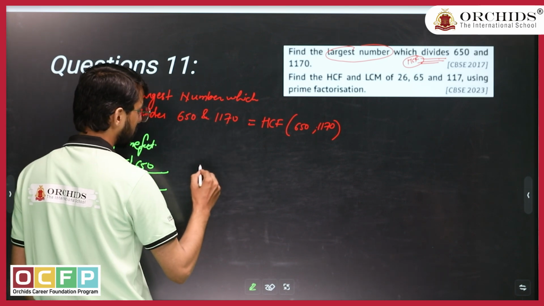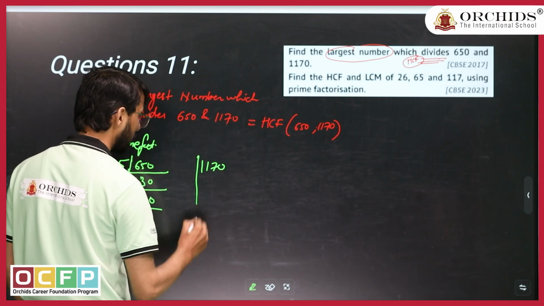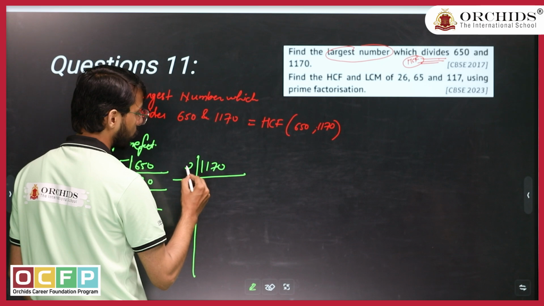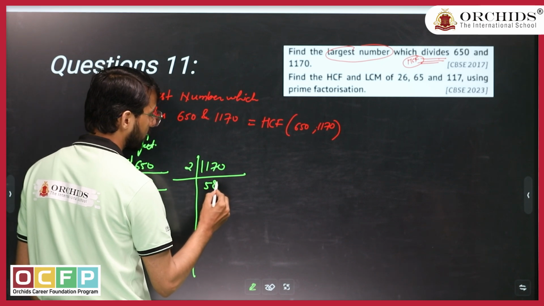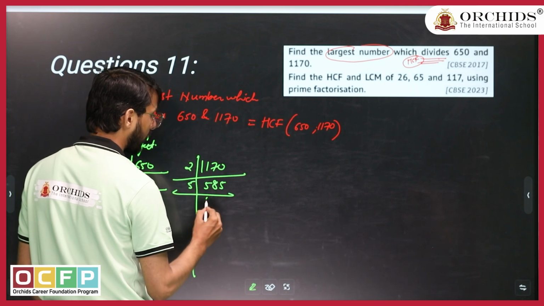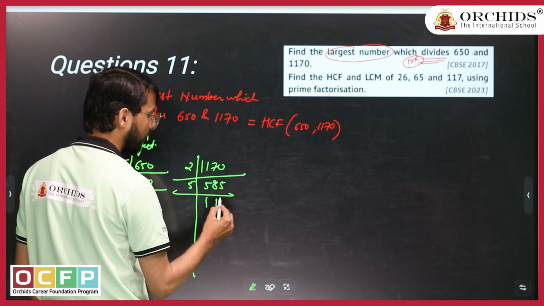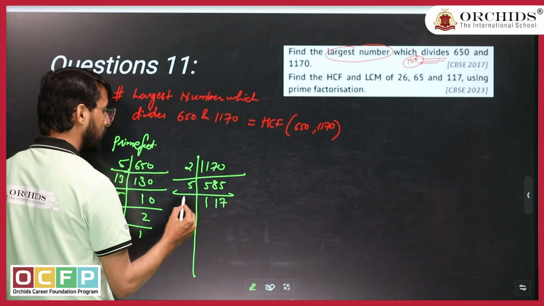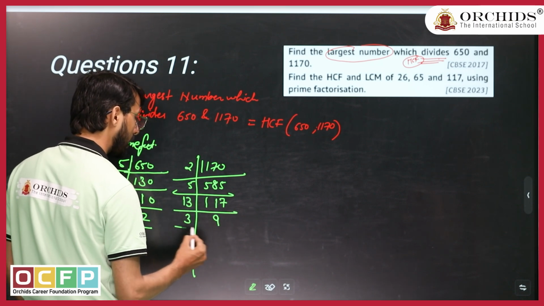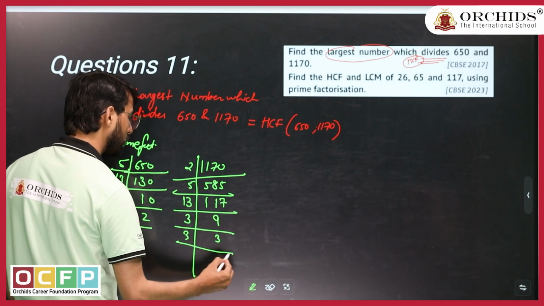Second is 1170. If you go with the table of 2, you will get 585. Then go with the table of 5, 585 divided by 5 is 117. Then we know that this is divisible by 13, 13 into 9, so we can break it into 3, 3, 1.